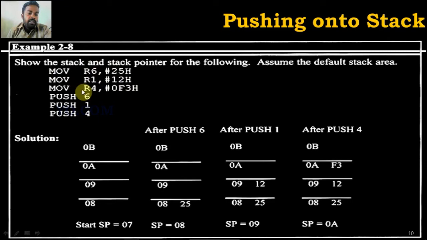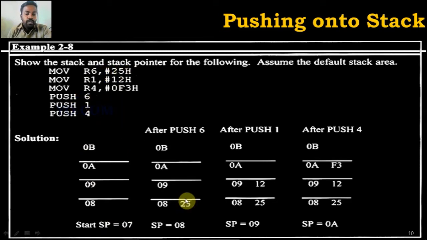So we are moving immediate data to the registers, and after that we push the particular register values onto the stack. In the solution, initially the stack looks like this. The stack pointer points to 07. After the execution of PUSH 6, what will happen?